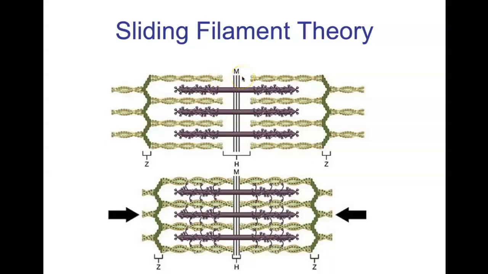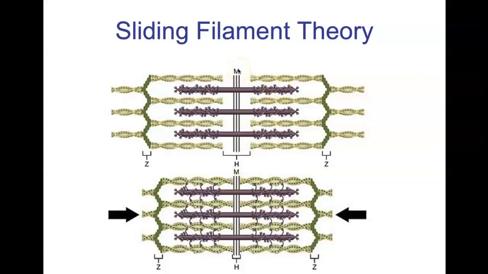And this is what causes muscle contraction. So the sliding filament theory is referencing the cross bridge of myosin binding to actin, pulling the actin toward the middle of the sarcomere. Remember the H zone, which is all this stuff, and this is what causes muscle contraction. It's a very interesting way of thinking about that.